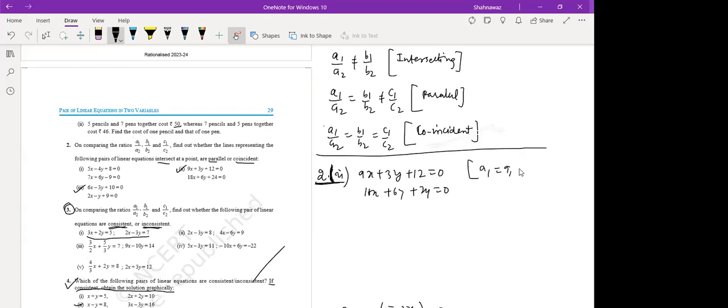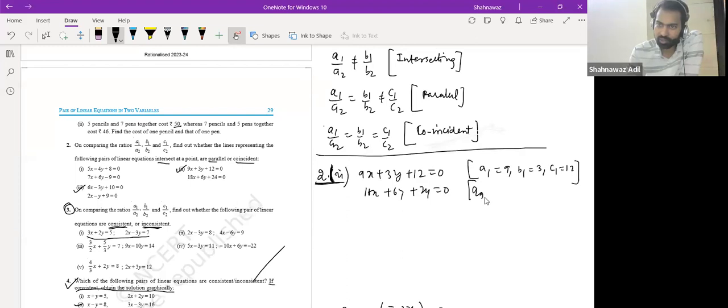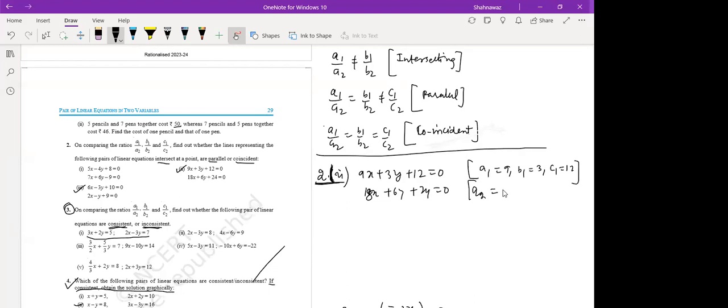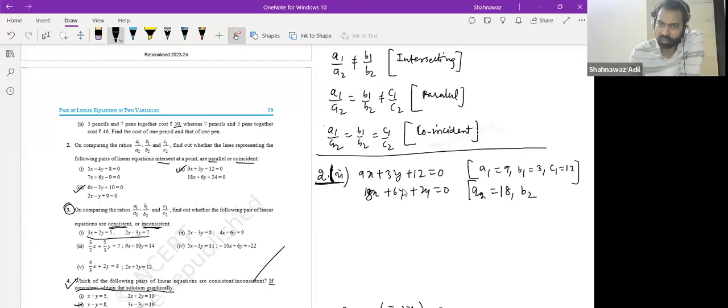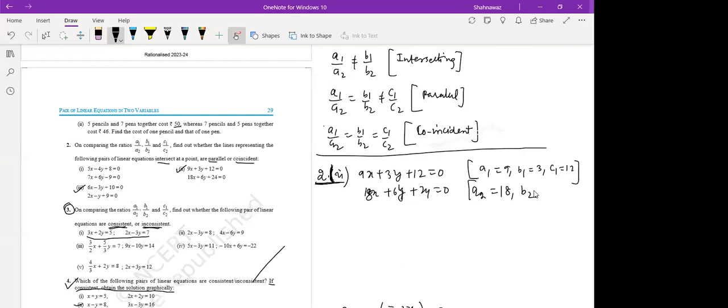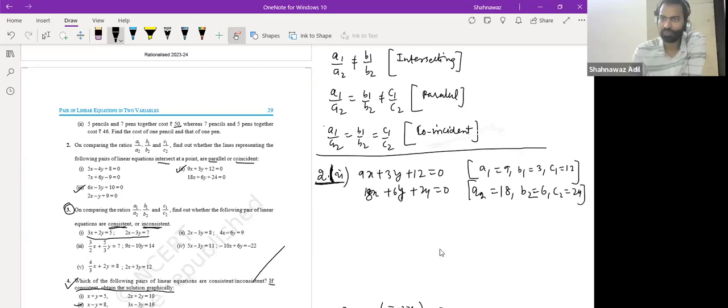A1 is 9, B1 is 3, C1 is 12. And this is 18, so A2 is 18, B2 is 6, and C2 is 24.